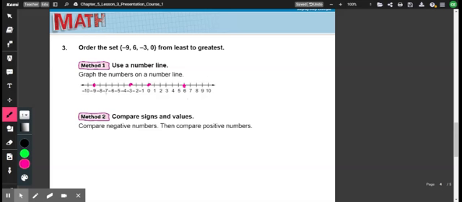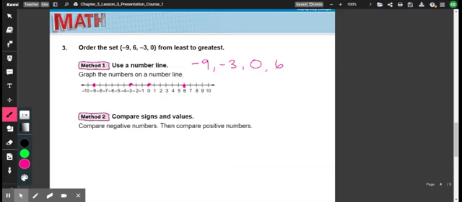My far left one is negative 9. My next one is negative 3. The one after that is 0. And last but not least, we have 6. This is from least to greatest.